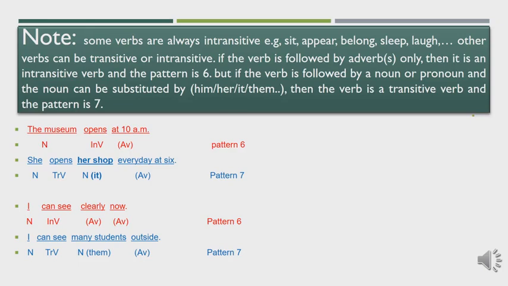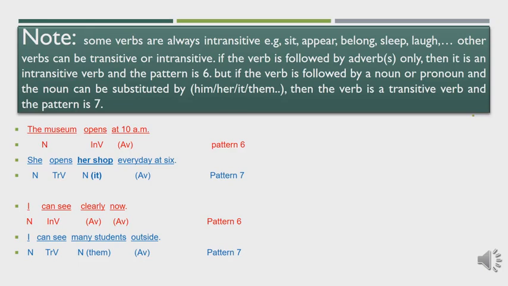It means that her shop is the object of the sentence. So opens here, because it is followed by an object, is a transitive verb. She is N, opens is a transitive verb, and her shop is N, which is an object. Every day at 6 are adverbs of time. It is pattern number 7. Later on, you will know the first N is N1 and the second N is N2. However, here the verb is followed by an object, so it is a transitive verb.